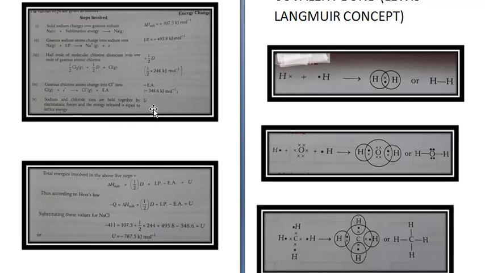So the total energy of the above 5 steps is delta H plus half of D plus ionization potential minus electron affinity plus U. So according to Hess's law, minus Q is equal to delta H plus half D plus IP minus EA plus U. Substituting the values, because Q is minus 411, you get lattice energy as minus 787.5 kilojoules per mole.